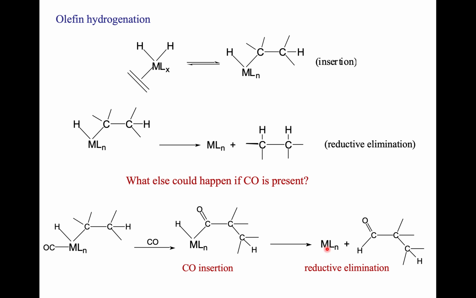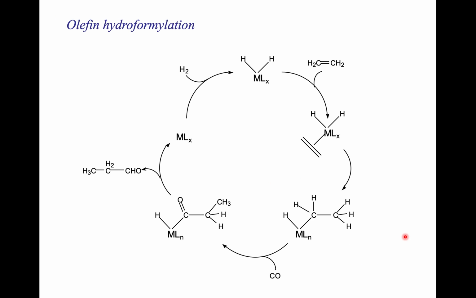This would be ready to grab again hydrogen and an alkene and form this sort of species, undergo the insertion, then we're back down here, hit it with CO again, do CO insertion, and then have the aldehyde be released again.